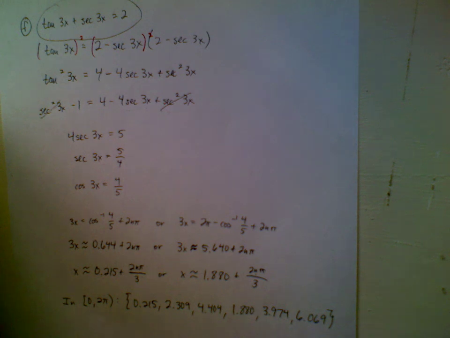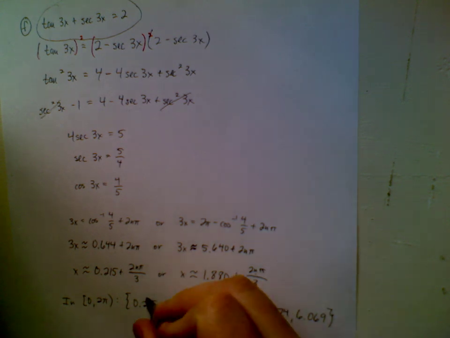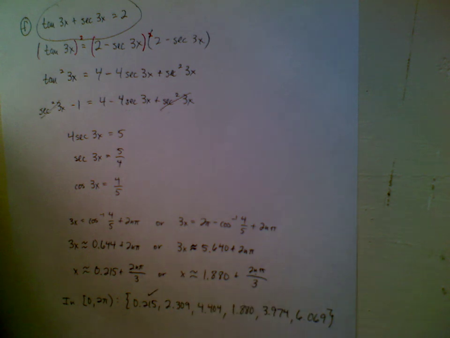That's 1 over cosine of 3 times 0.215. That comes out to just over 2. I'm not getting exactly 2 because, of course, I've done some rounding here. But I think this one works. Right? This one works. Let's try 2.309.